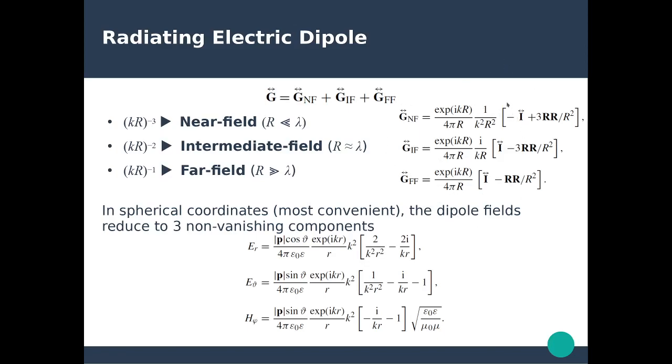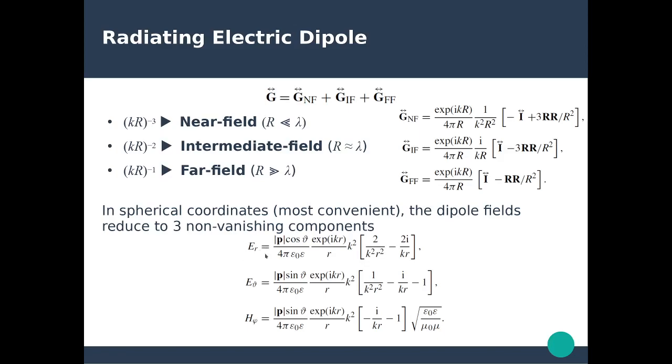A lot of these components are actually vanishing, and you can calculate the electric field and the magnetic field from this Green tensor, as we just saw on the previous slide. In these spherical coordinates, there are only 3 terms that remain non-vanishing. You have the radial component of the electric field, expanding from the center of the spherical distribution outward.